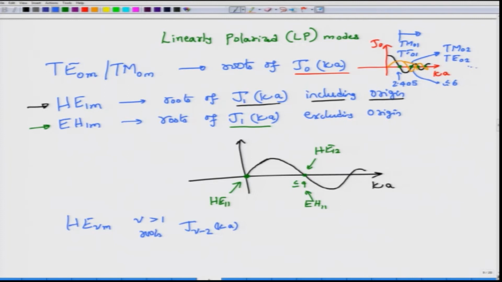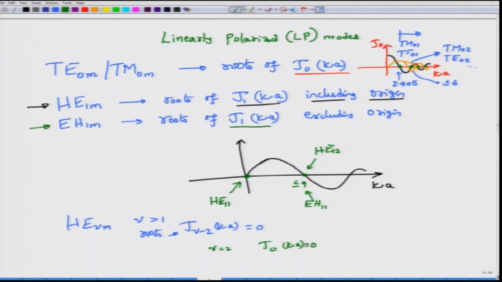So, when you have HE nu m with nu greater than 1, then the roots of J nu minus 2 of kappa A will be the solutions. Okay. Because this is the solution, if you go back and take a look at where J0 is going: when you set nu equal to 2, this will be the roots of J0 kappa A equal to 0.